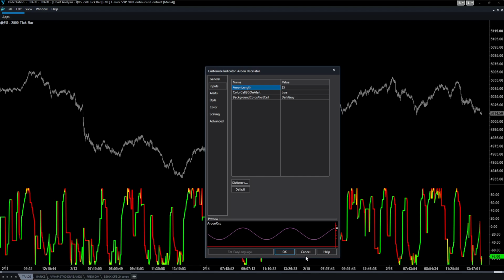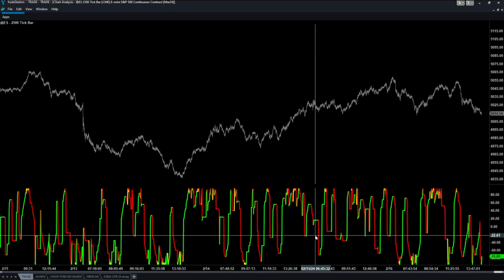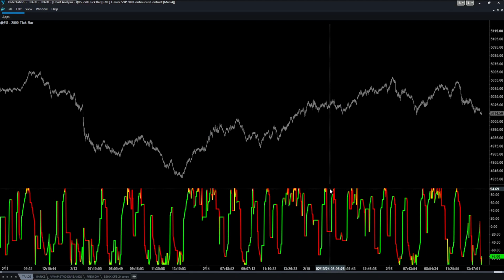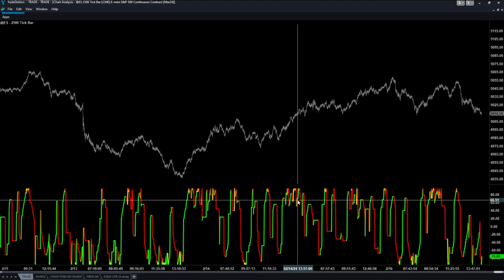Okay, now we use 25 as the default. You can manipulate it, but I don't recommend it. Now what's cool about this indicator is the fact that it very effectively displays divergence. Now first of all about the indicator itself.